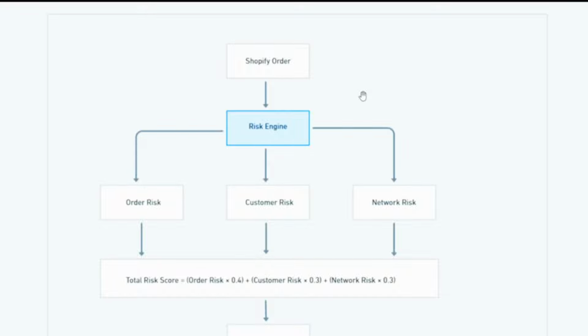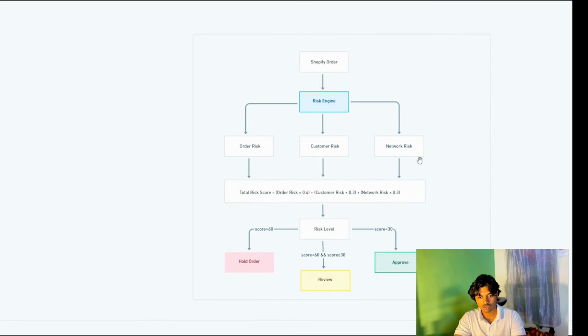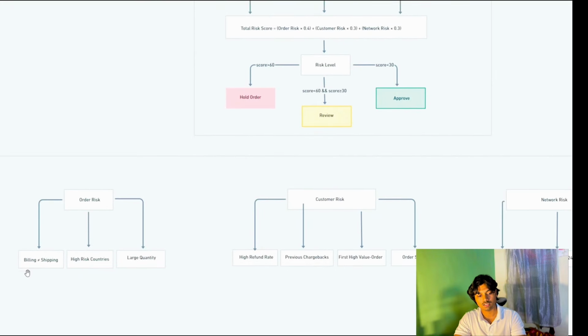So every order is going through this risk engine, and instead of relying on our gut feeling, we will be dependent on these three factors: order risk, customer risk, and network risk. In the order risk, we will be checking three things. If the billing address and shipping address are not matching, then we can consider that a risk factor.